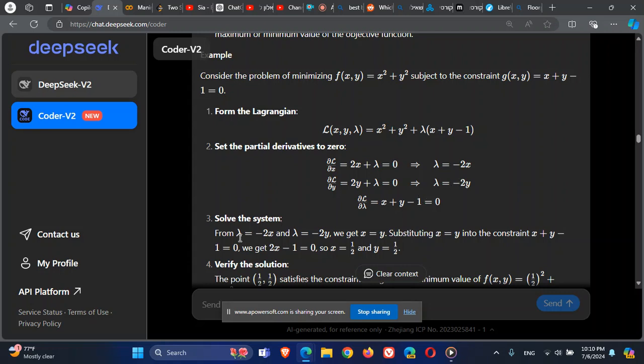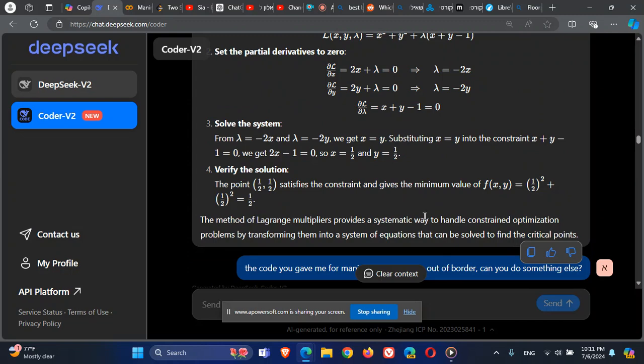I can say that lambda equals minus 2x, lambda equals minus 2y, so minus 2x equals minus 2y, so x equals y. I can plug it into the constraint: x plus x minus 1 equals 0, so 2x minus 1 equals 0, so x equals half, and because x equals y, y also equals half.